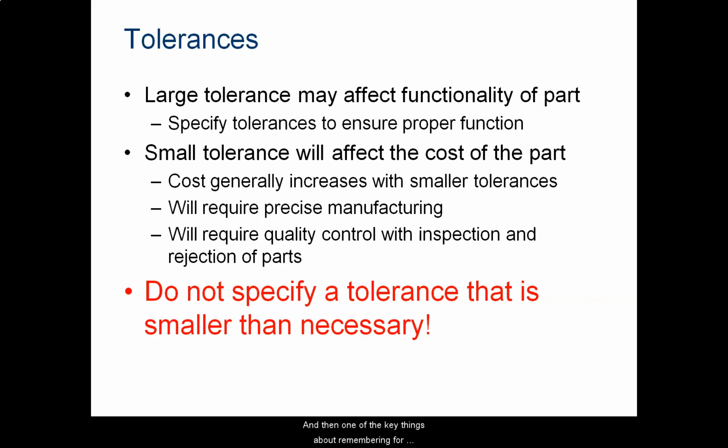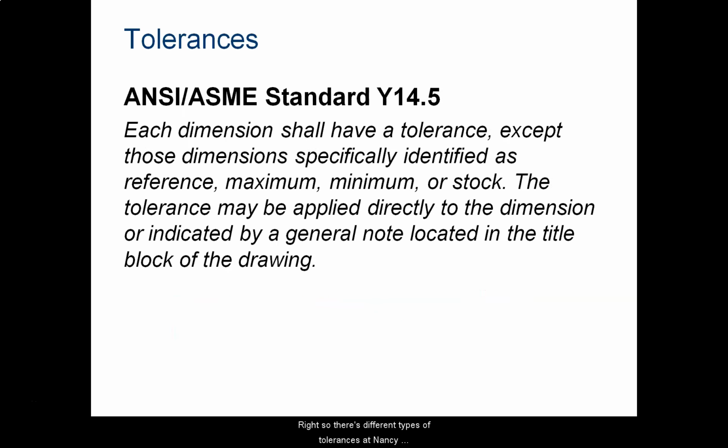One of the key things to remember for engineering is don't specify a tolerance that is smaller than necessary. There are different types of tolerances: ANSI, the American National Standards Institute, and ASME, American Society of Mechanical Engineers.